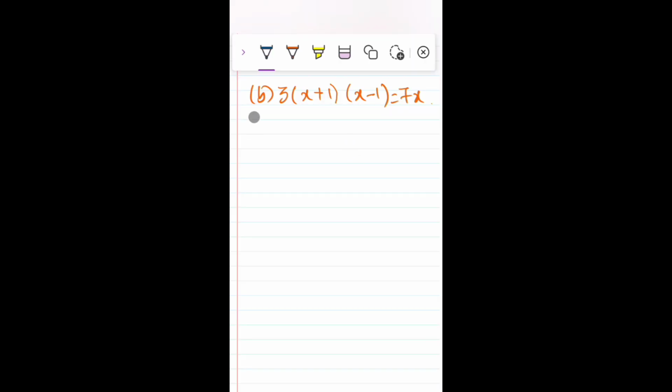Now we have another question, that is 3 into x plus 1 multiplied by x minus 1 is equal to 7x. If you look at the equation form, it is defined by the formula of a plus b and a minus b, that is a plus b into a minus b is equal to a square minus b square.